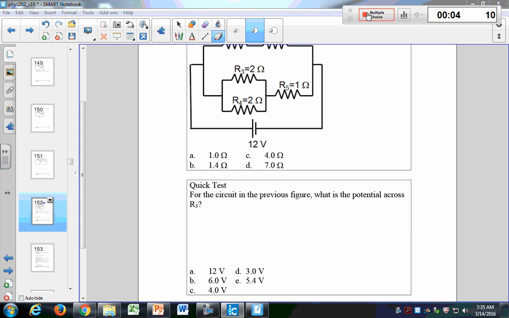It's the potential across this resistor right here. All right, about five more seconds.